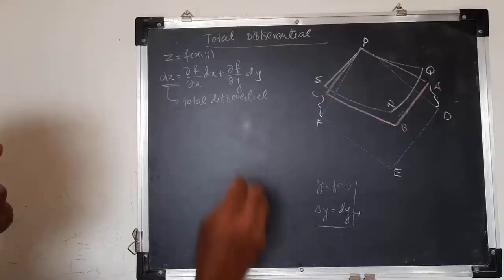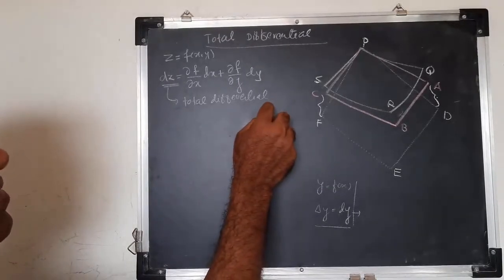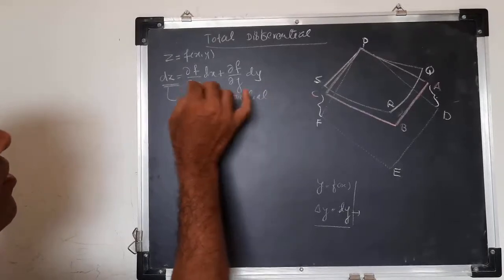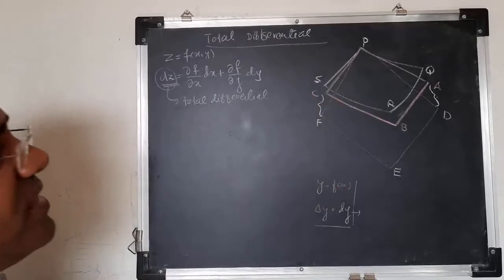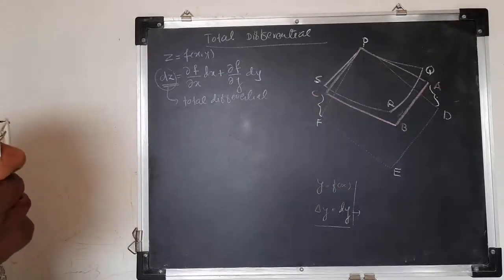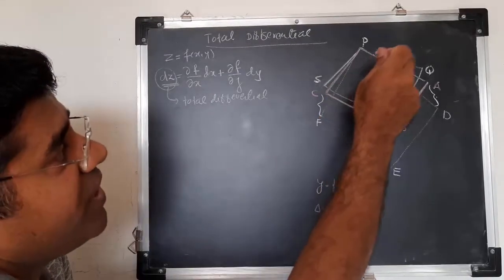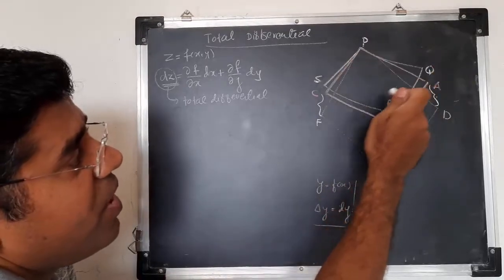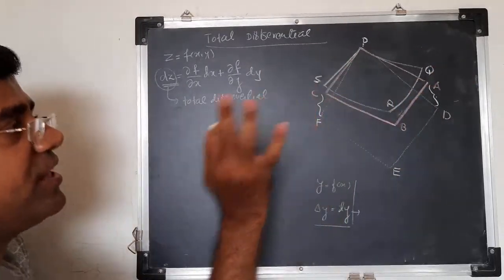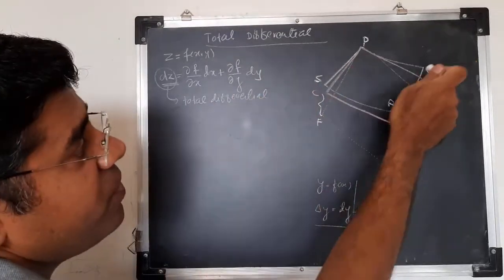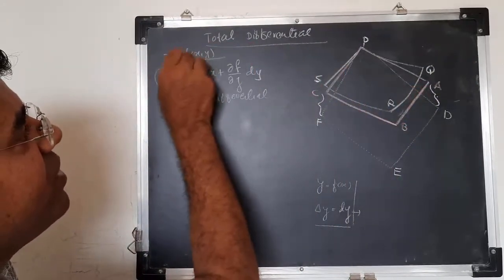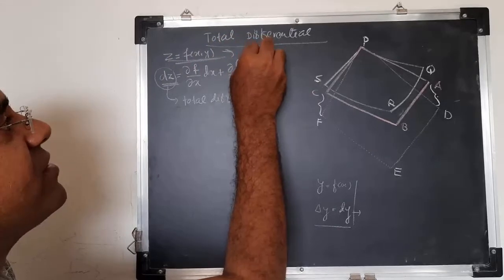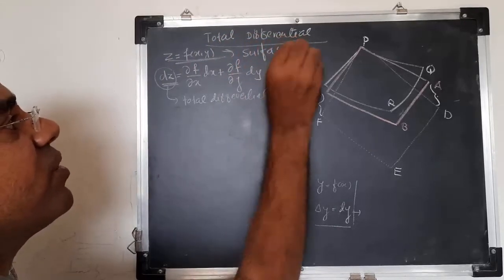So what is the physical meaning of dz in terms of geometry? That we'll see over here. Listen carefully. PQRS is my surface, because this represents a surface.